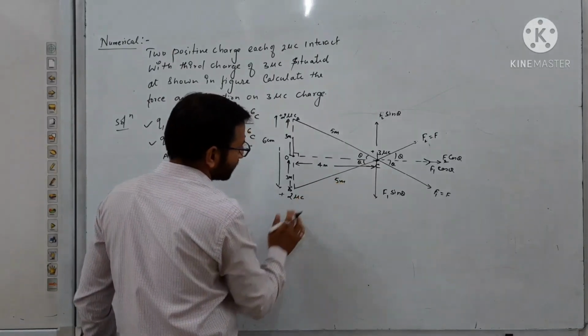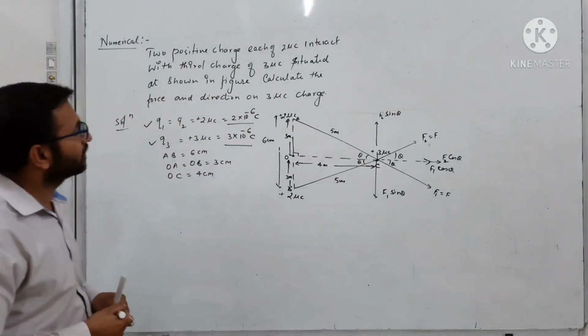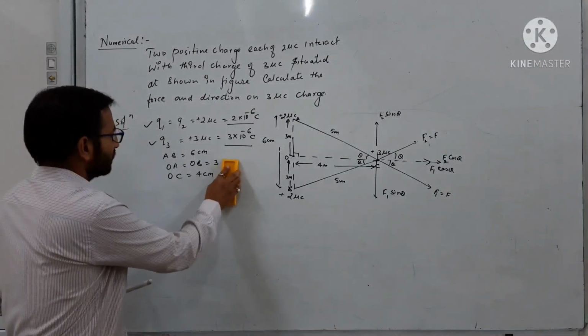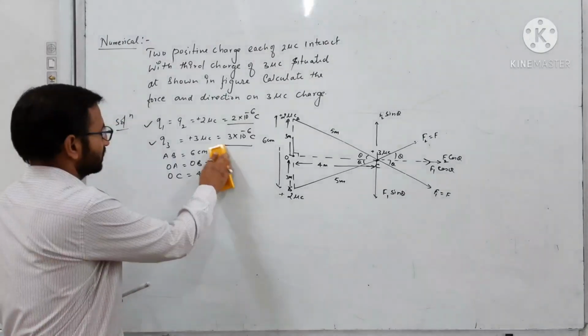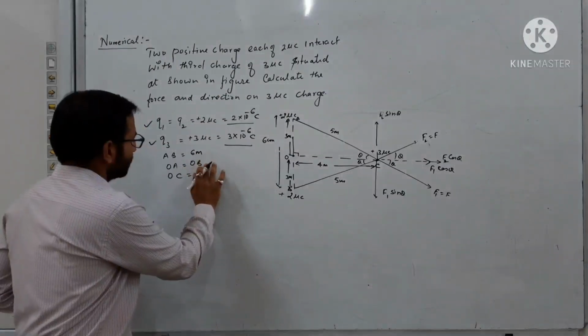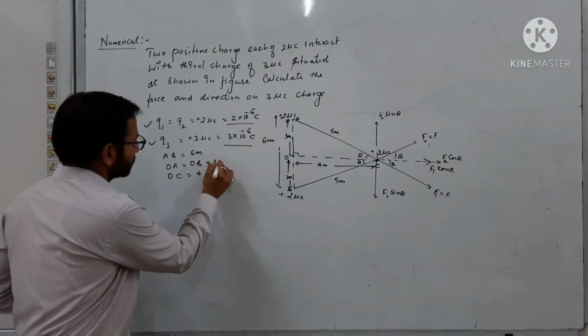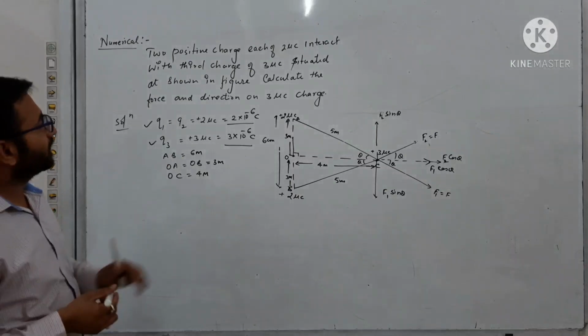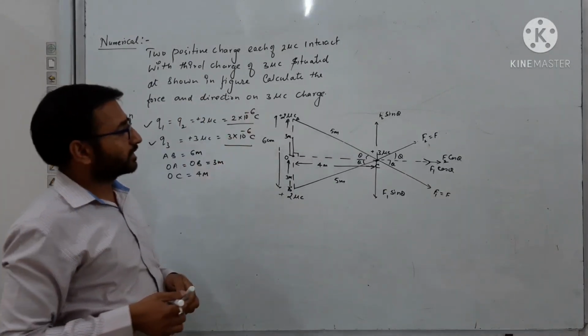So here we have been given all the basic information, and on the basis of this information I will write the numerical values here. It is in meter, and from the diagram also in meter. So we will calculate the force and direction on the 3 microcoulomb charge.